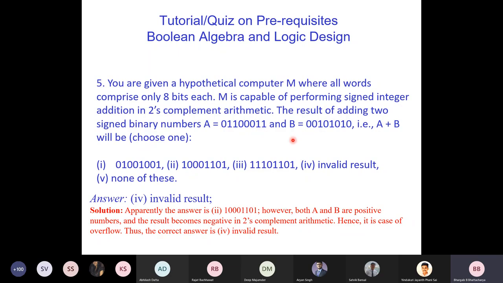And if these two are 1 and the leftmost bit of the output is 0, also the overflow bit would be 1. So you can construct a simple Boolean function called overflow flag. Whenever this kind of input configuration arrives, the overflow output would be 1, signaling you that something invalid has occurred, an invalid result has come up. So you need to take appropriate action, either to undo this or to proceed further.